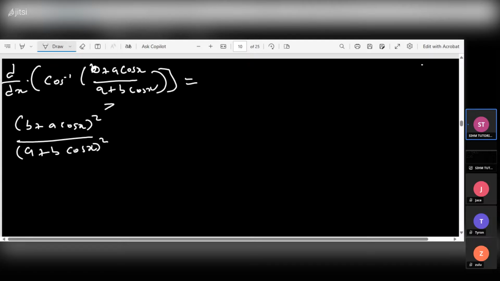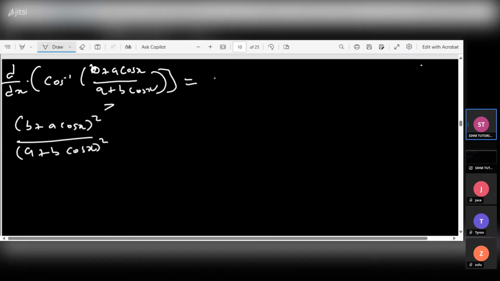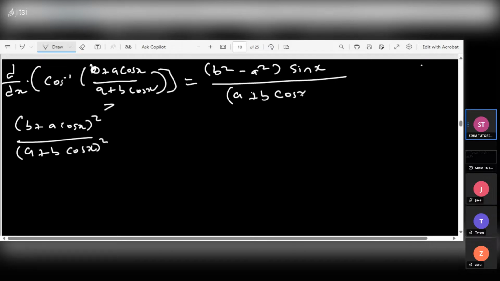It seems like I'm having some problems. Okay, it's fine. As I was saying, you take the derivative. Your derivative is b squared minus a squared, all times by sine x, divided by a plus b cos x, and then all squared. I'm just going to put the main division, which is this one. You should also pay more attention to that one. It's very important to know which one is the main division.